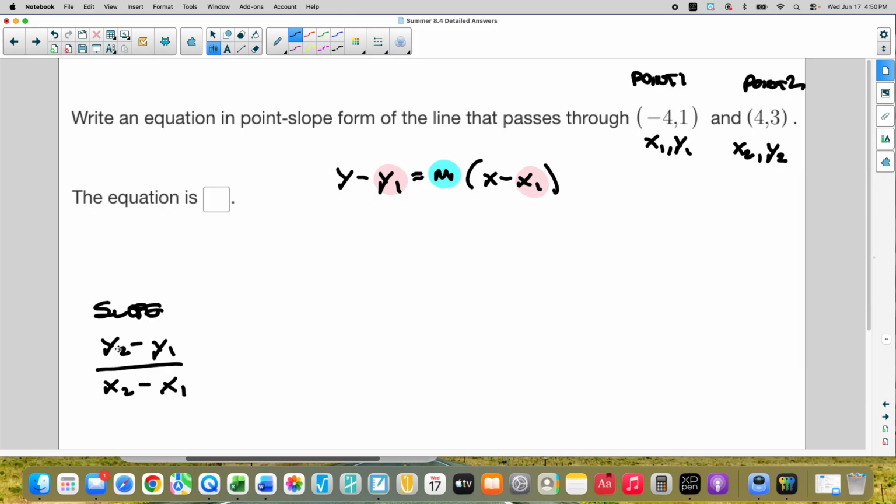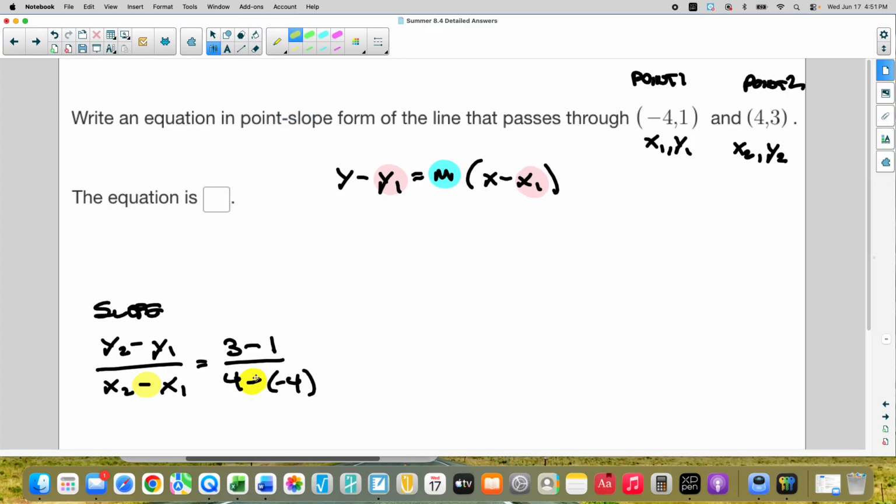So when we see y sub 2, we go y value in the second point, which is 3, minus y sub 1, which is 1, over x sub 2, which is 4, minus my x sub 1, which is negative 4. Different negative. This is this negative. Very important to differentiate.